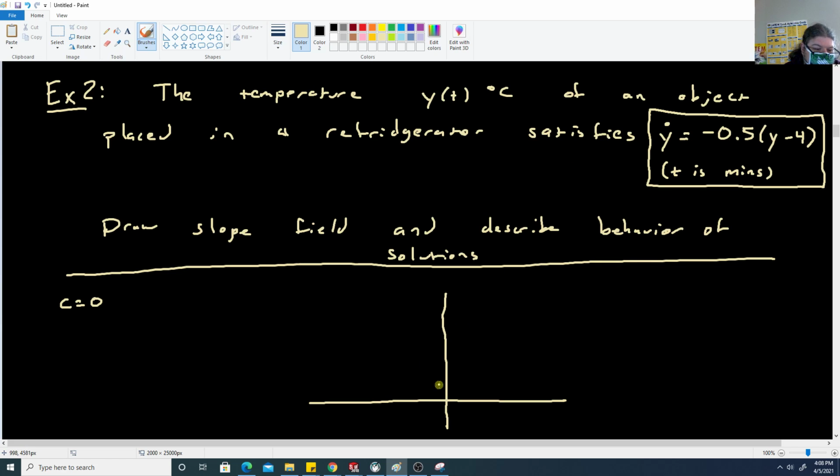So every point that has a y value of 4, those all have slope 0. So we have slope 0 here, slope 0 here, slope 0 there, slope 0 there.